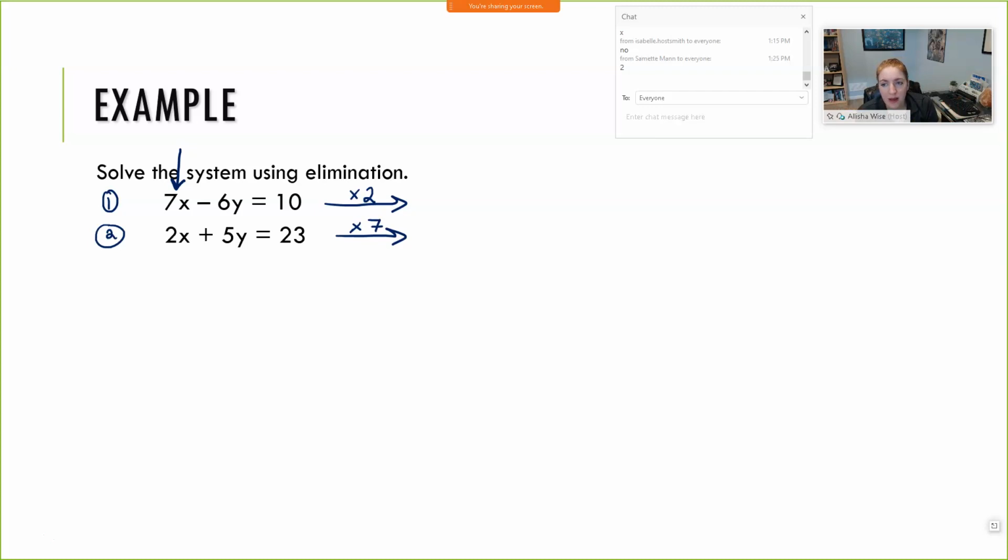Now, be careful though, because remember, one has to be positive, one has to be negative. Right now, they're both positive. So how do we get one negative? Well, we're going to have to multiply by one negative. So let's go ahead and multiply the entire equations by these values. So 7x times 2 is 14x, 6y times 2 is 12y, and 10 times 2 is 20.